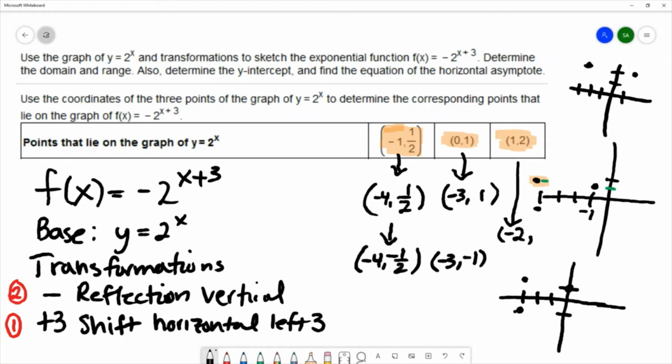We take the x-coordinate and subtract 3. We move to the left 3, that's why we subtracted 3. And then on the reflection, we're 2 above the x-axis and we'll reflect down to be 2 below. So that moves to the ordered pair of -2, -2.